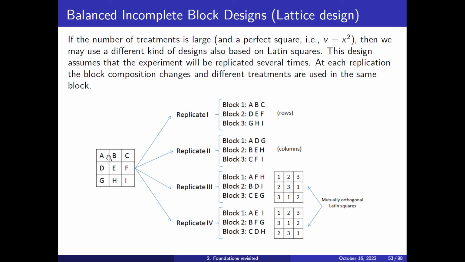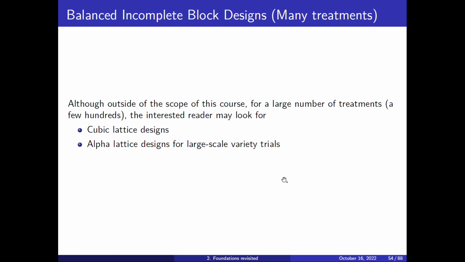So it is like when you compute the determinant, so you take AFH, BDI, and CG, and you have all kinds of combinations. So you compute different kinds of Latin squares here, and then you take the rows and columns and different combinations to construct these blocks.